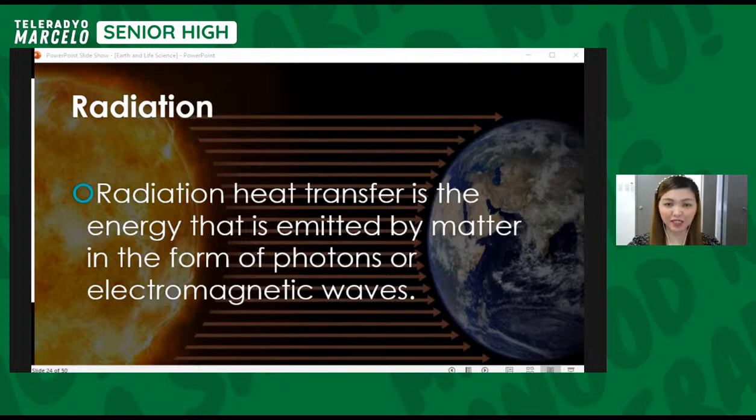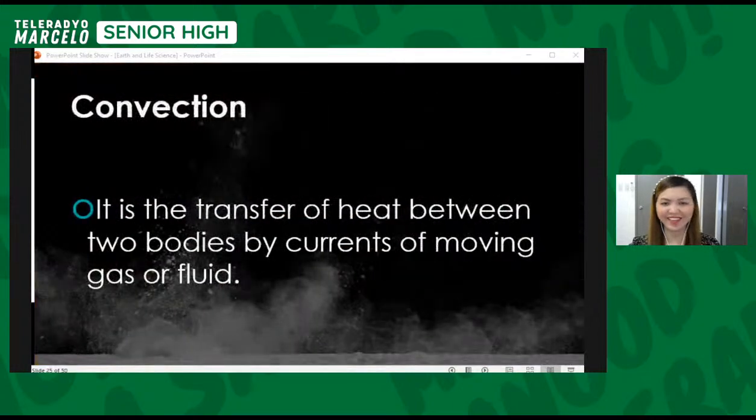Photons and electromagnetic waves are able to travel through a vacuum, allowing the transfer of heat without the involvement of molecular collisions or molecules themselves. That's how the sun has been providing the earth with abundant energy. Wow, amazing. And lastly, we have convection.